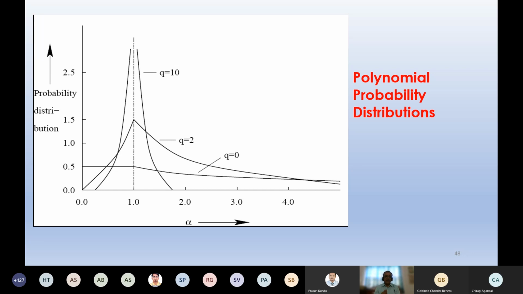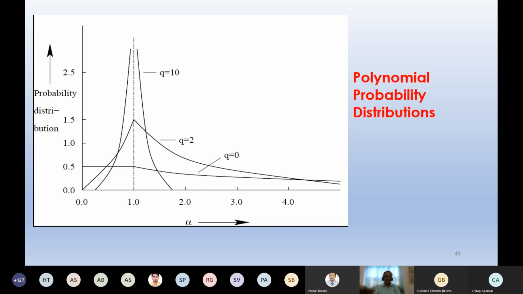So depending on the nature of the problem, the user will have to make some trial runs to decide what should be the most suitable value for this particular Q. I hope all of you have understood that if I want the children's solutions to be very close to the parents, we'll have to go for a higher value for this particular Q.